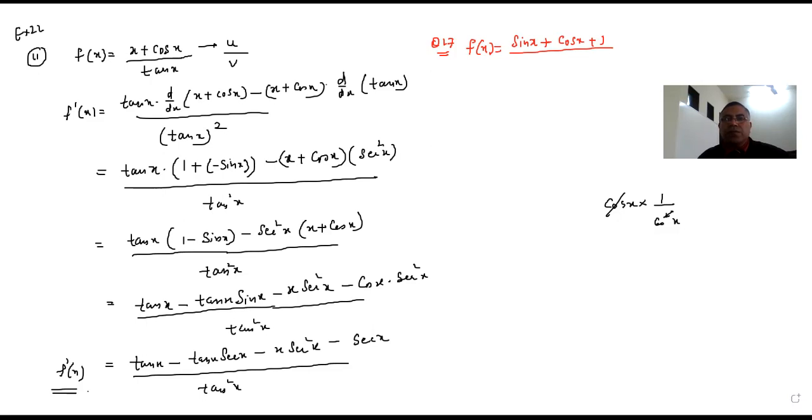So this is sin x plus cos x upon sin x minus cos x.